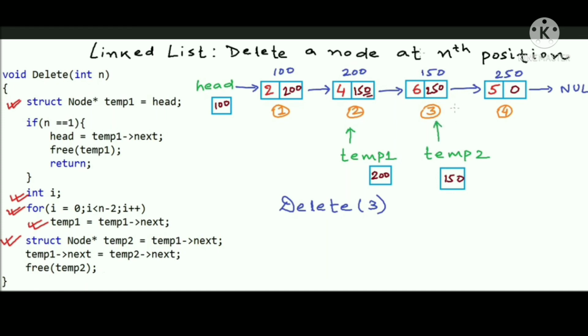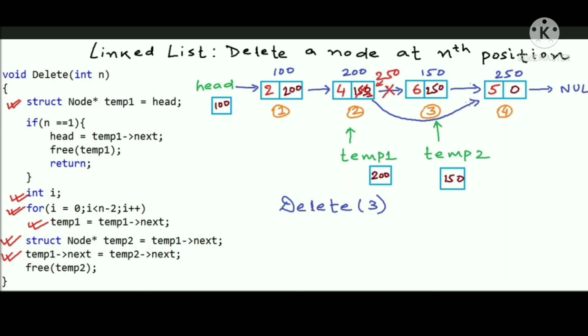Now in the next line, we are saying that temp1.next, this value which is 150 right now, is now temp2.next, the address of the n plus 1th node or fourth node. So this guy will now be 250. So we are building this link and we are breaking this link. So we have fixed the links.